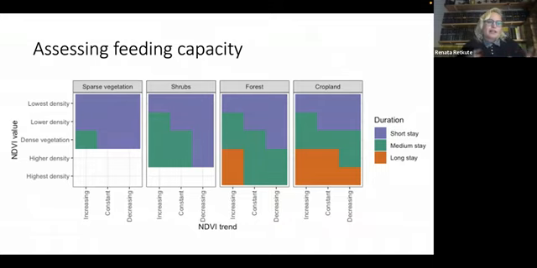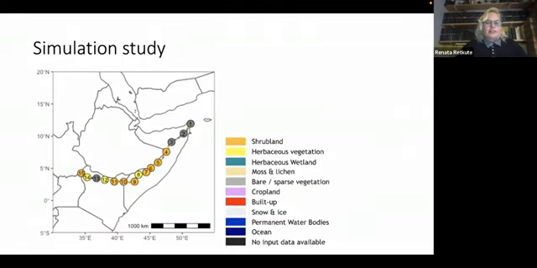So these are the different aspects of the model. This is how the model output looks. This is just one particular life history of locusts. Each numbered point shows a location where they were on the ground.